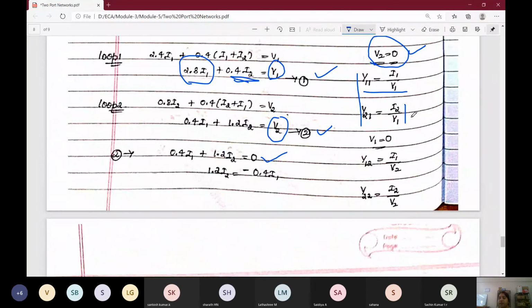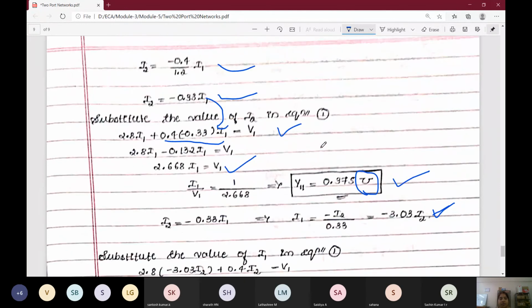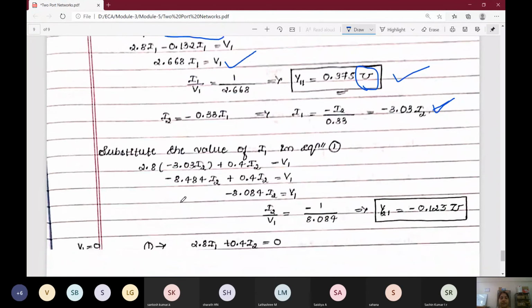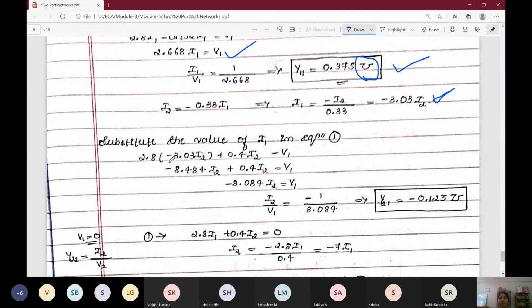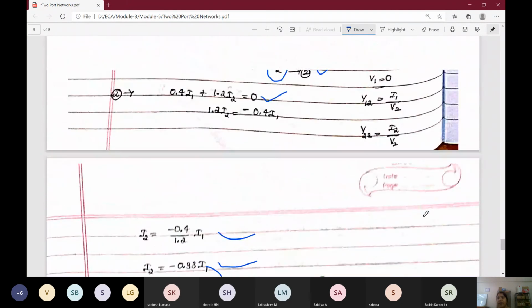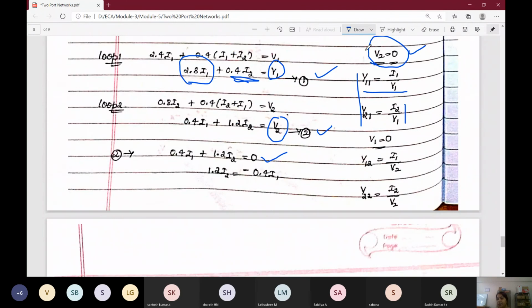So just inverse the process. Substitute the value, and I2 by V1 gives you Y21. So we got Y11 and Y21. This is for V2 equal to 0. When V2 is 0, we have done.